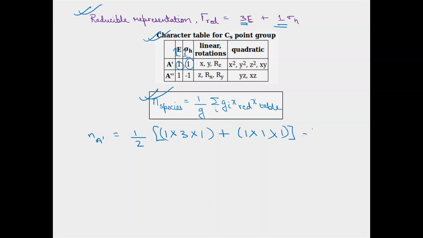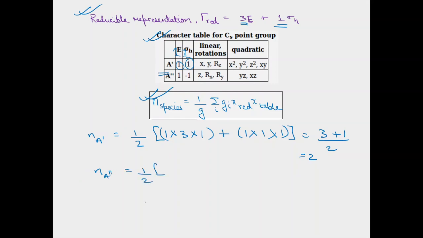That means it is 3 plus 1 by 2, or 4 by 2, which is equal to 2. That means this A dash occurs twice in this reducible representation. Then for A double dash, it will again be 1 by 2.